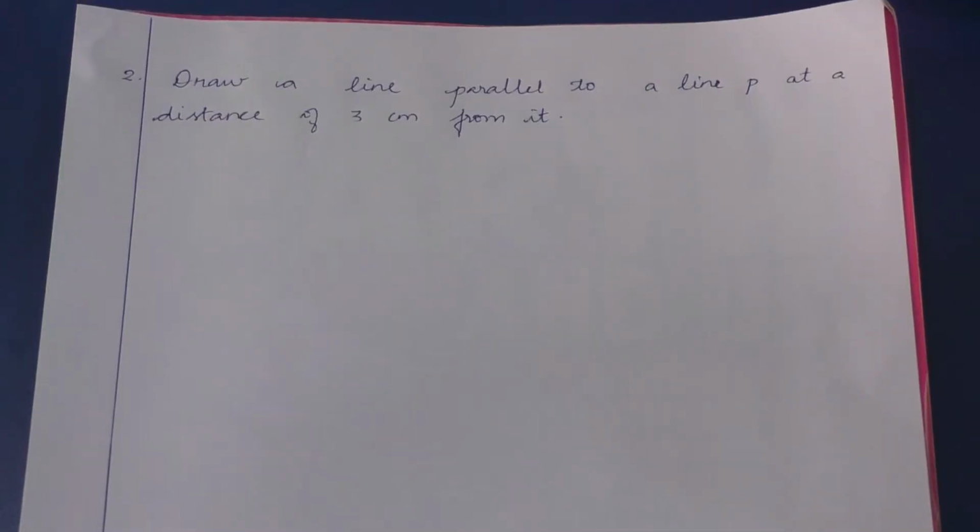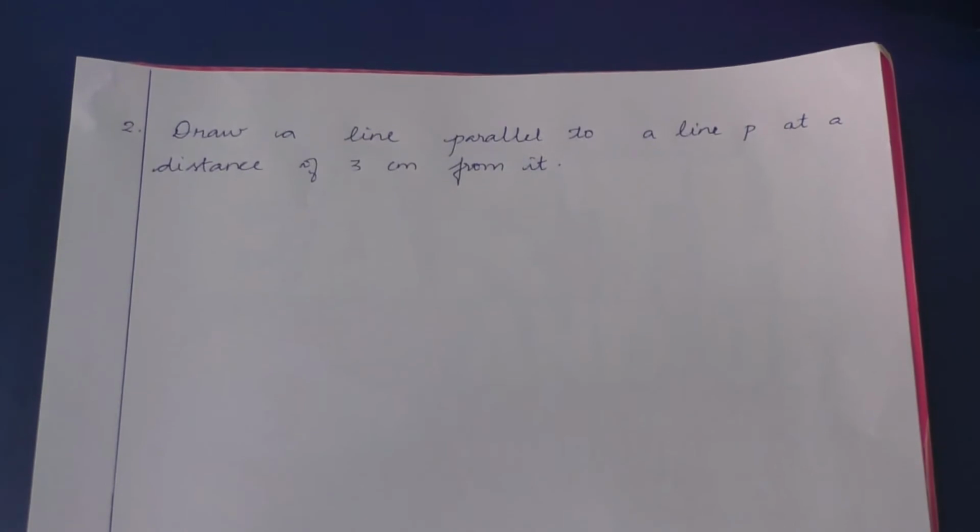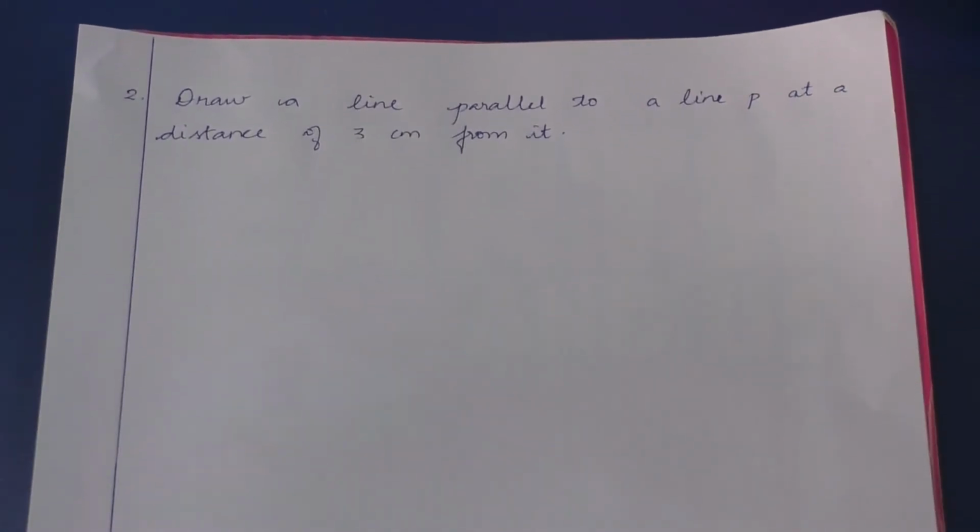Now let's see the construction of a line parallel to a given line at a given distance. So see here, the question is, draw a line parallel to a line P at a distance of 3 cm from it.